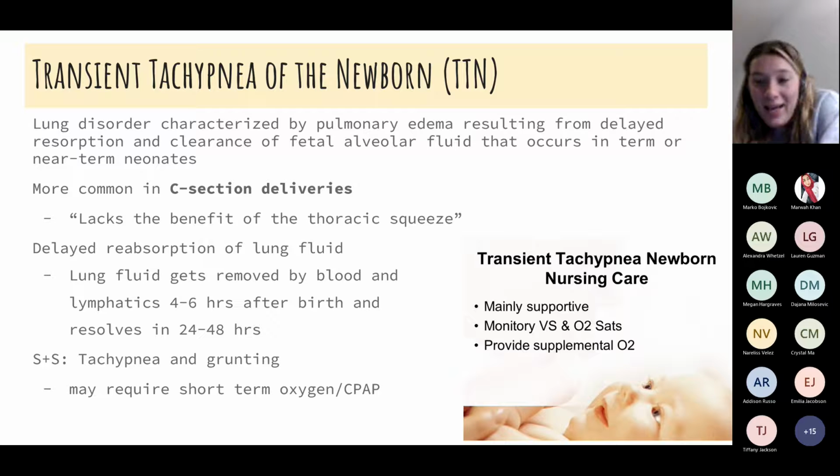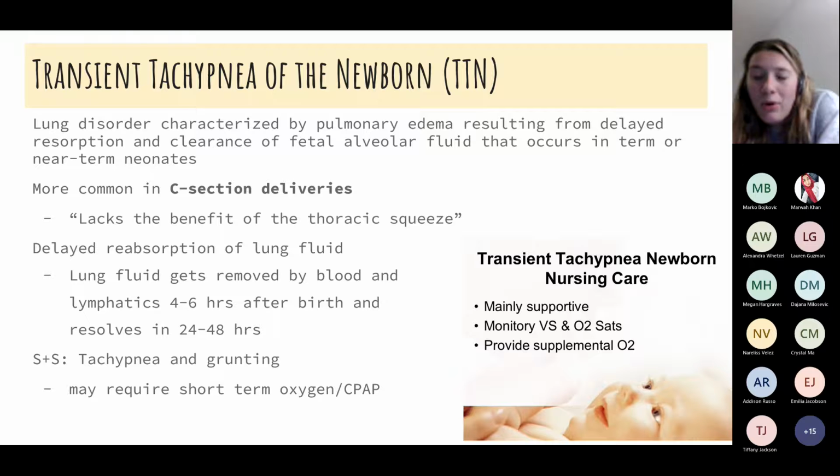When we talk about TTN, this is really, really common in our C-section deliveries. Essentially, these patients have a lot of fluid buildup that gets stuck in their lungs and isn't reabsorbed as quickly. These patients might require some oxygen or CPAP assistance after birth, but usually it does resolve on its own.